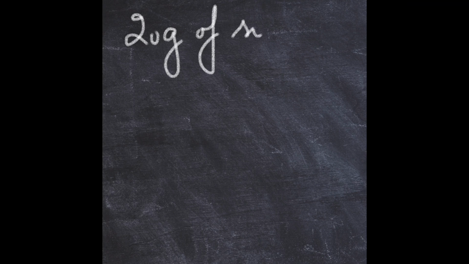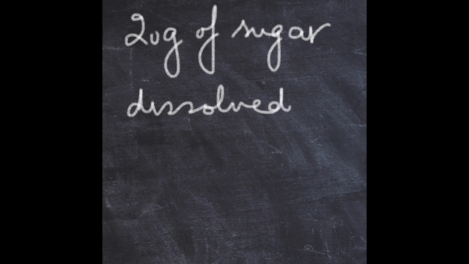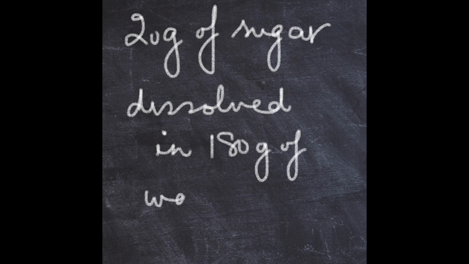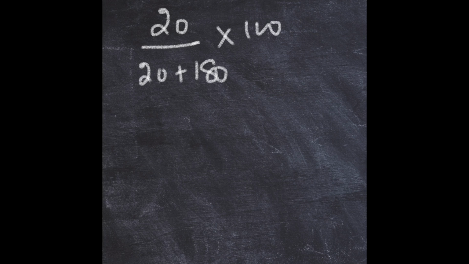Supposing you have 20 grams of sugar dissolved in 180 grams of water, then mass by mass percentage is 20 upon 20 plus 180 into 100.